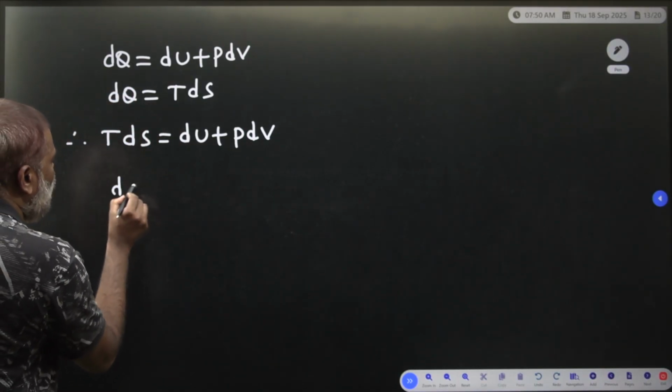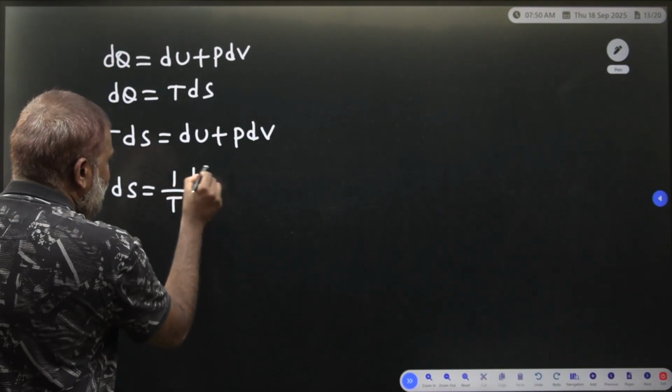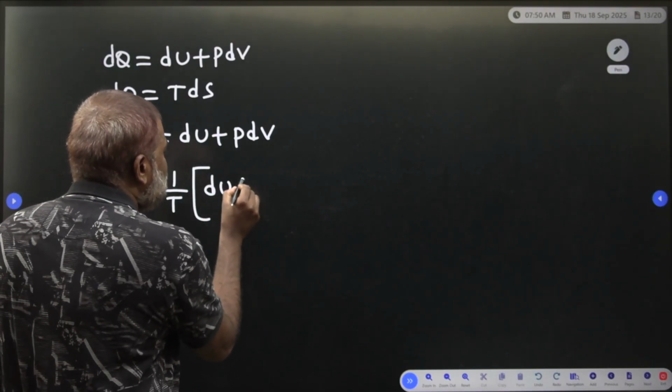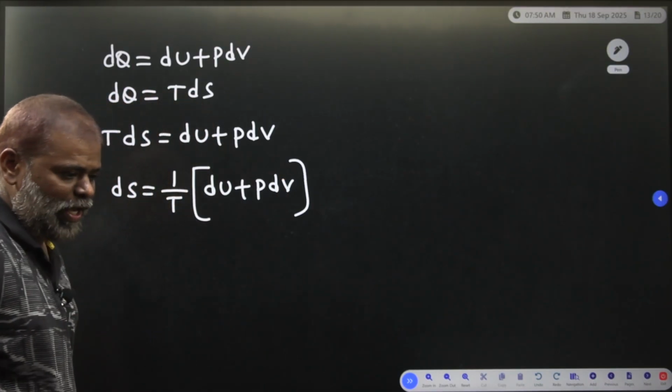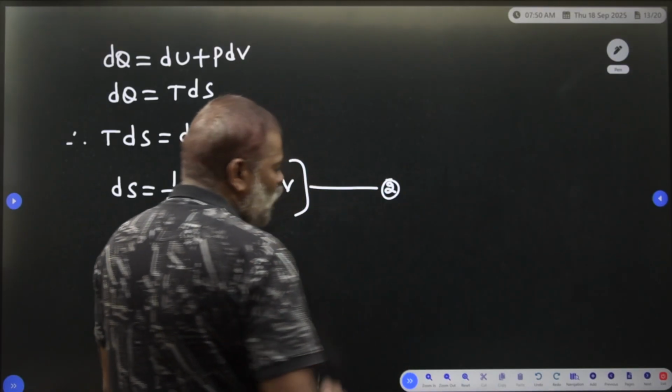Therefore dS = (1/T)(dU + PdV). This is equation number 2.